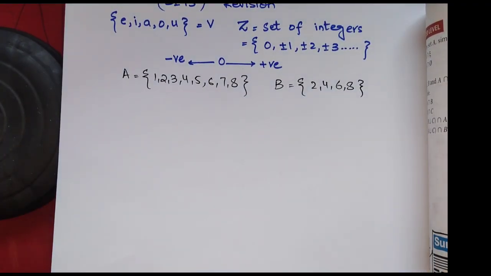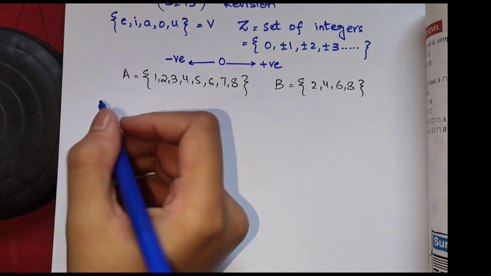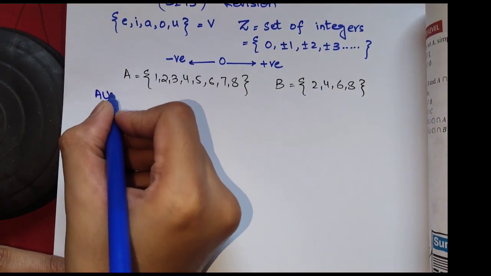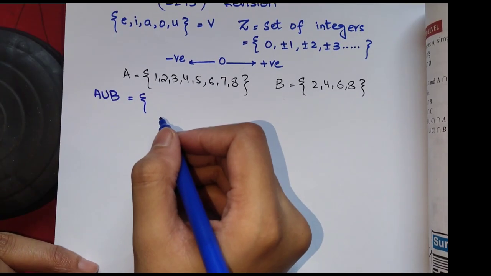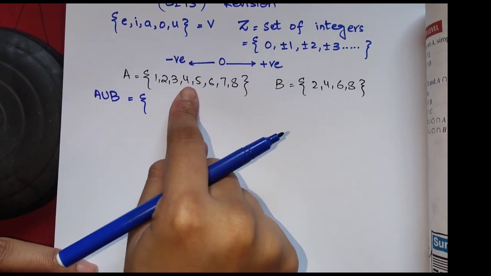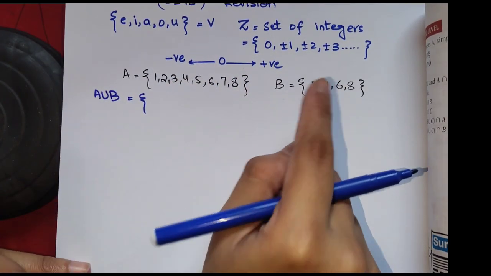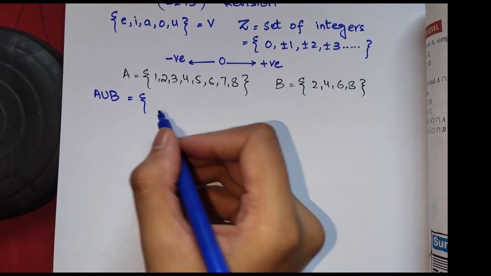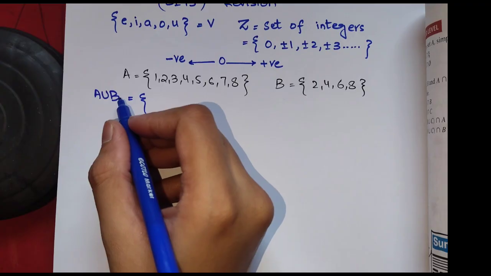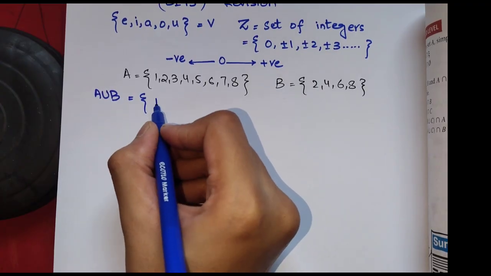First of all, you have to revise what is union. A union B. Union means you have to combine all the elements in this set and the elements in this set. Union means you have to combine all the elements.